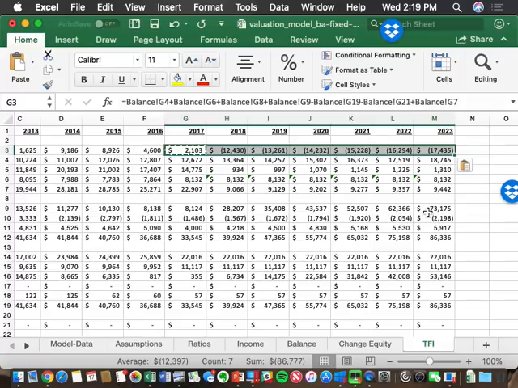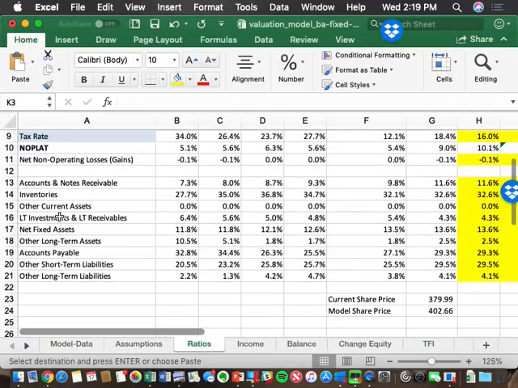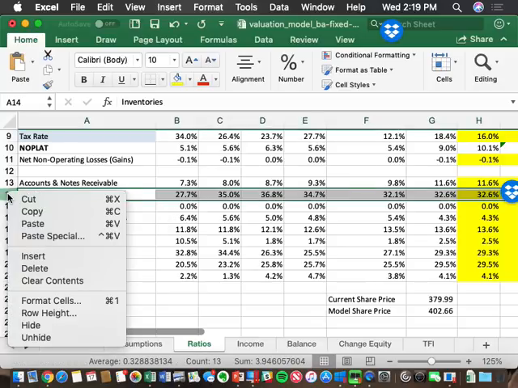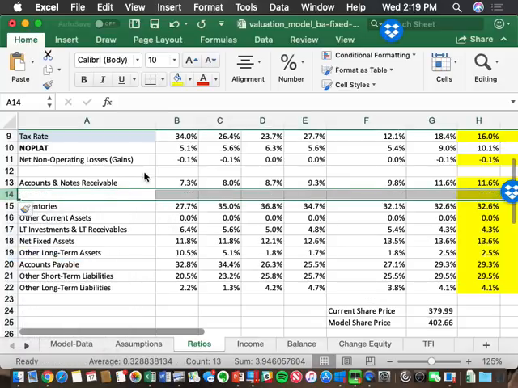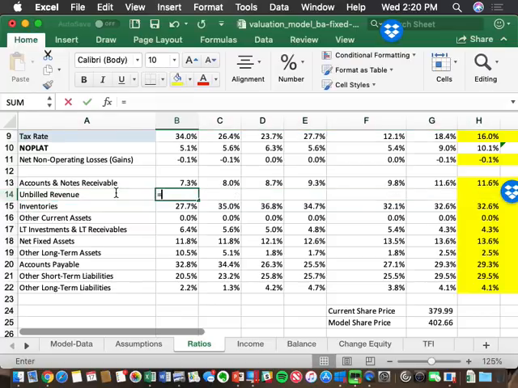So that leads to the next thing. So where do I forecast that? Well, that would come under the ratios. So what I'm going to do is add a row between 13 and 14, insert, and this is going to be my unbilled revenue, and I'm going to do this as a percentage of sales.